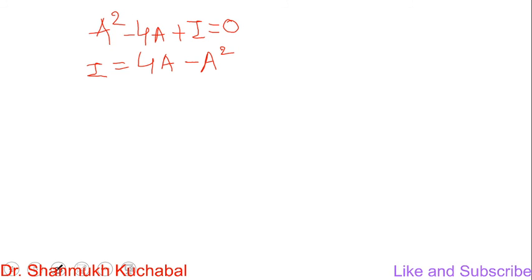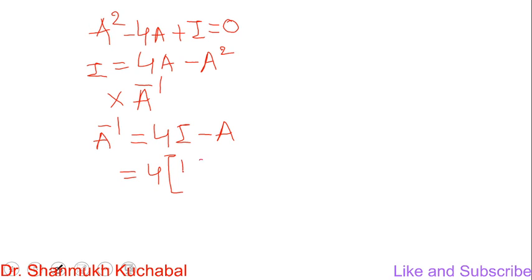Further, both sides we will multiply by A inverse. As I have explained in the last example, the operation will remain the same. So I into A inverse, we get A inverse. So 4 into A inverse we get the identity matrix, minus A square into A inverse we are going to get 1A. Then further 4 as it is, I is 1 0 0 1 minus A is 2 3 1 2.